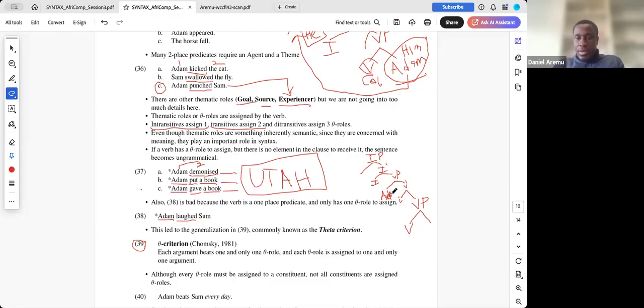So Adam would be here initially, and I'm drawing the tree for 36A. So kick, the verb, would be here, and then the cat is in the complement of the V. Don't mind me, I'm just being lazy.